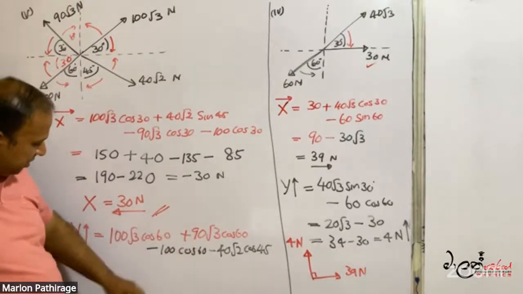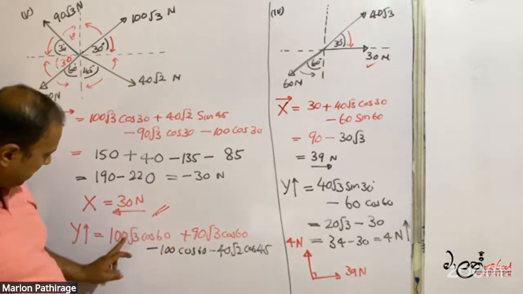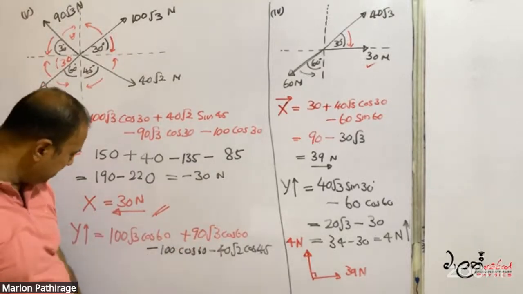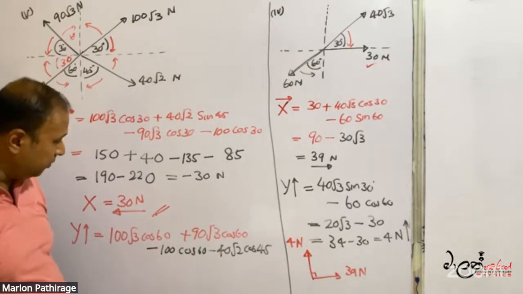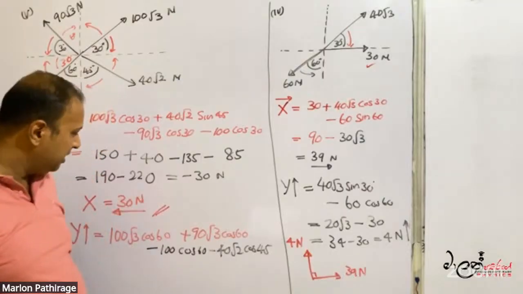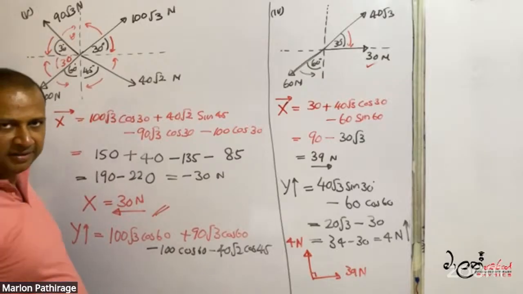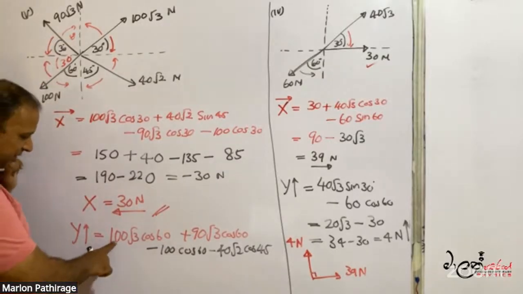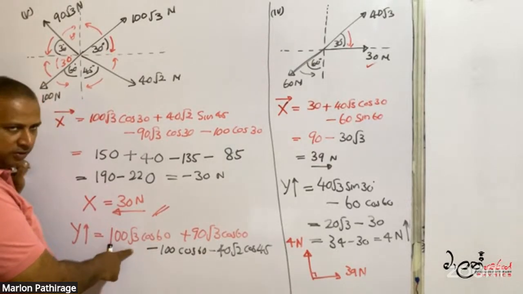100 root 3 cos 60 means cos 60 should be divided by 2, so 100 root 3 into cos 60 means 50 root 3.